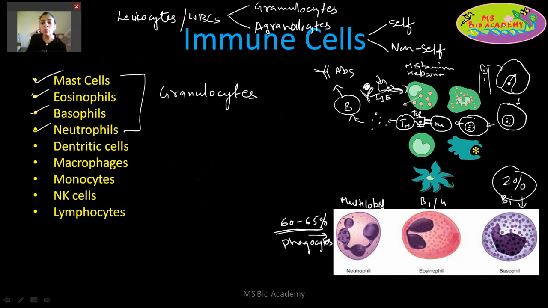So this is how the whole immune response takes place by combination. Although these immune cells act independently, collectively they generate an immune response against the antigens. Similarly, neutrophils are also phagocytic cells, right?